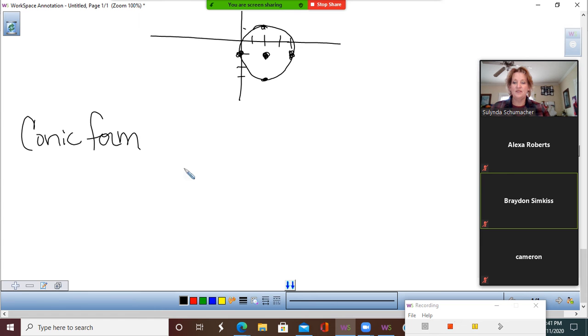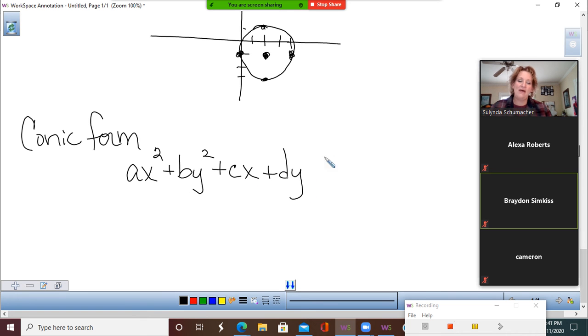So conic form is always ax squared plus, let's say, by squared plus cx plus dy plus e equals 0. So we're going to multiply those binomials out and write it in this form. We do our squared terms first, then our x and y terms, and then our numbers, combining like terms.